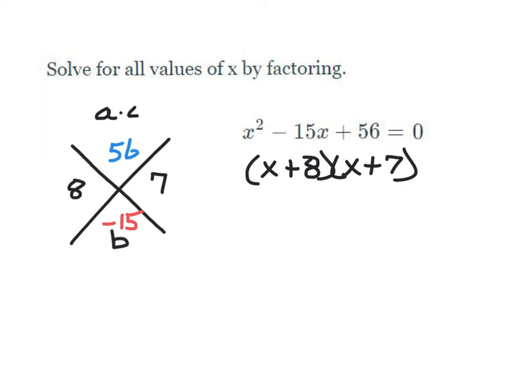Now, in order to solve for all values of x, okay, we're going to take each one of these binomials and set it equal to 0, okay? So the solving part takes the x plus 8 and sets it equal to 0, and takes the x plus 7 and sets it equal to 0.